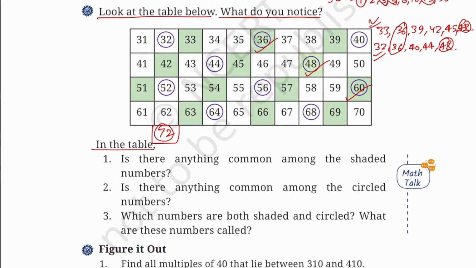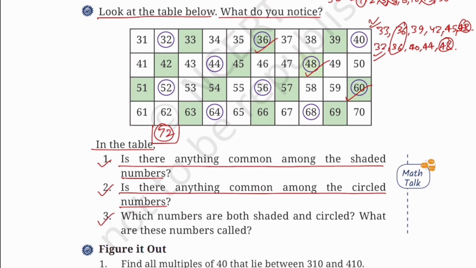In the table, 1. Is there anything common among the shaded numbers? Yes, they are multiples of 3. 2. Is there anything common among the circled numbers? Yes, they are multiples of 4. 3.